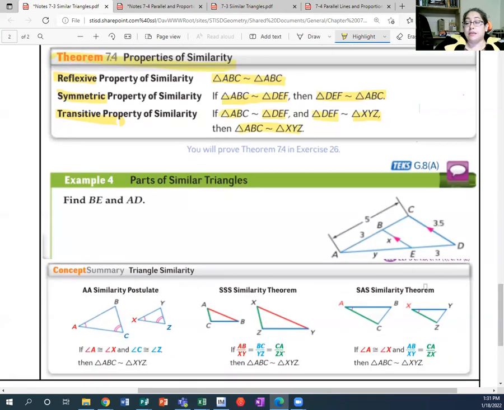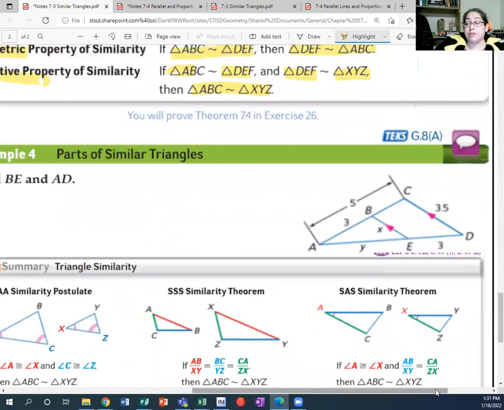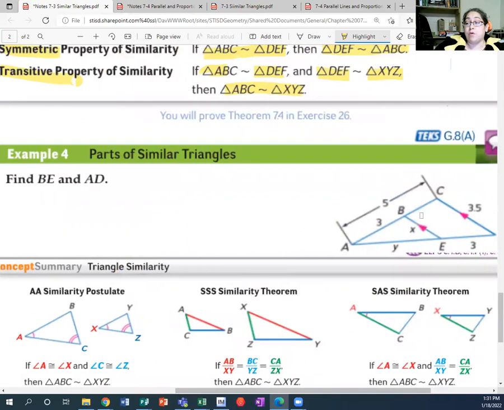Now, again, the only way I have of making this hard is to throw some algebra at you. And so example 4, which will help you with, I think, 5 through 8, because there's some algebra there, asks you to use parts of similar triangles.